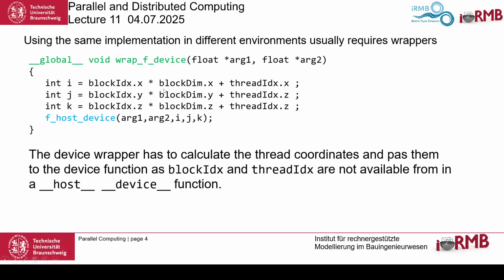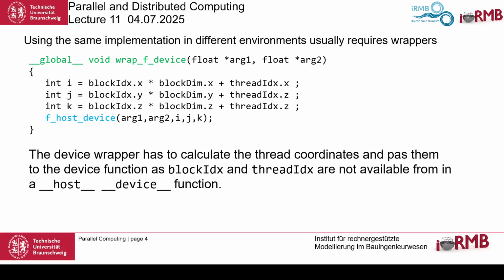So the hardware specifics on a GPU using CUDA are these quantities, block ID X, block index Y, and so on, and the dimensions. This is something that is CUDA specific, something that you get from CUDA.